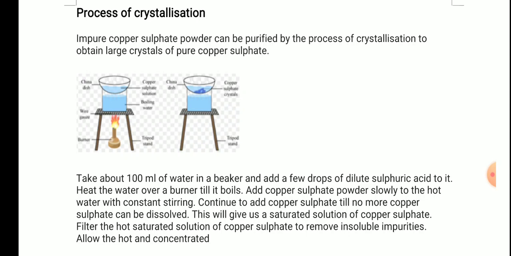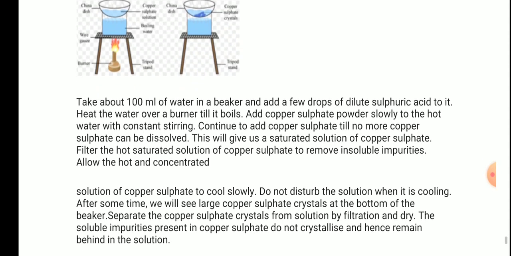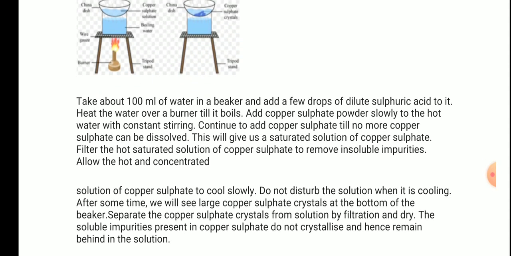Now what remains is soluble impurities. Now that hot and concentrated solution of copper sulfate is allowed to cool slowly. It is not disturbed while it is cooling. Then after some time, we see large copper sulfate crystals at the bottom of the beaker. We separate the copper sulfate crystals again by filtration and dry them.